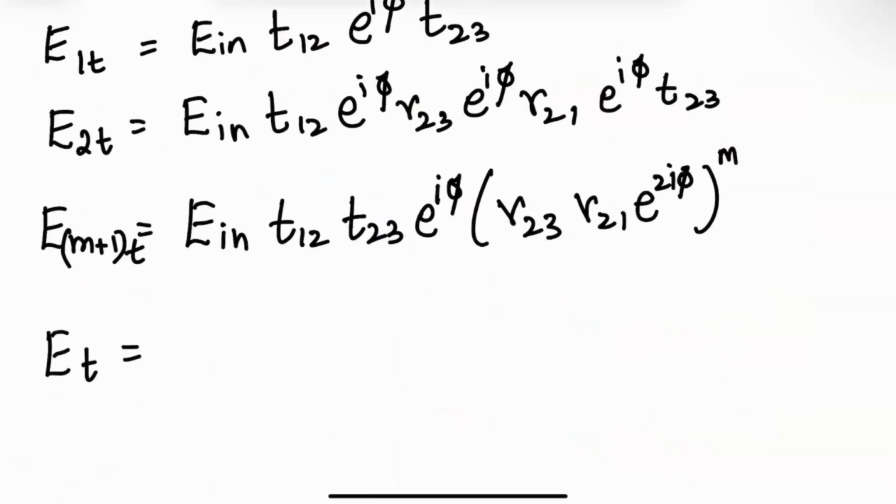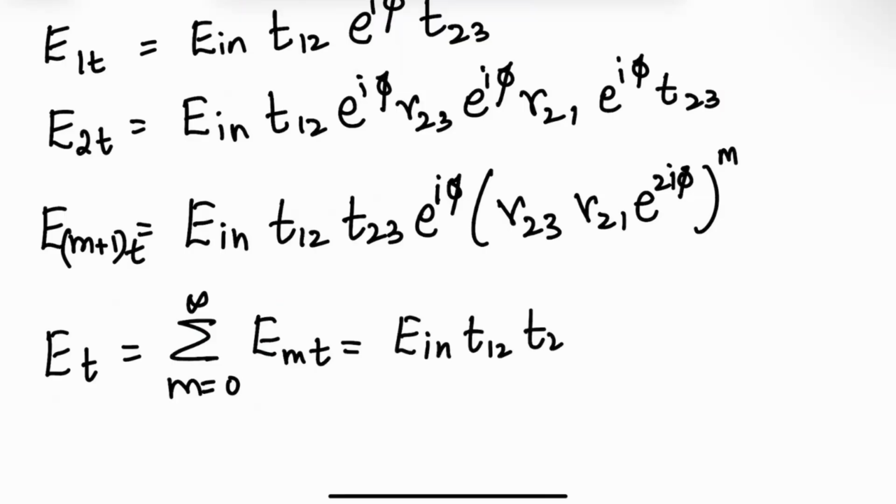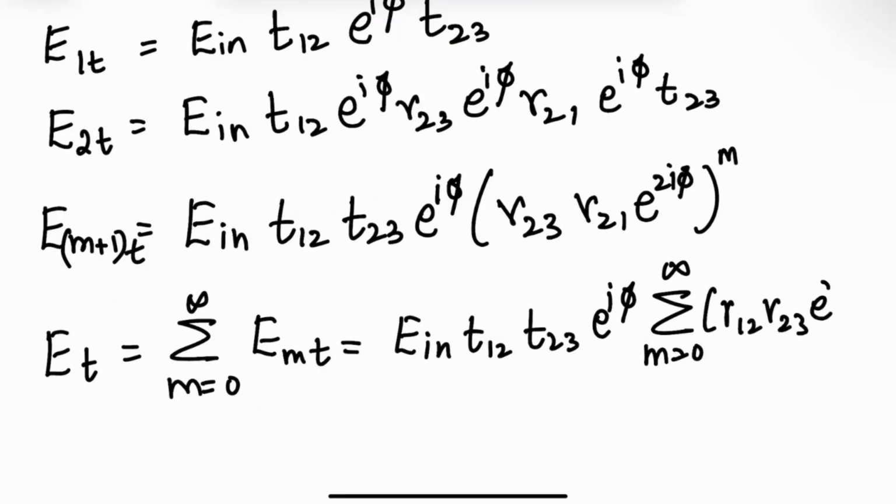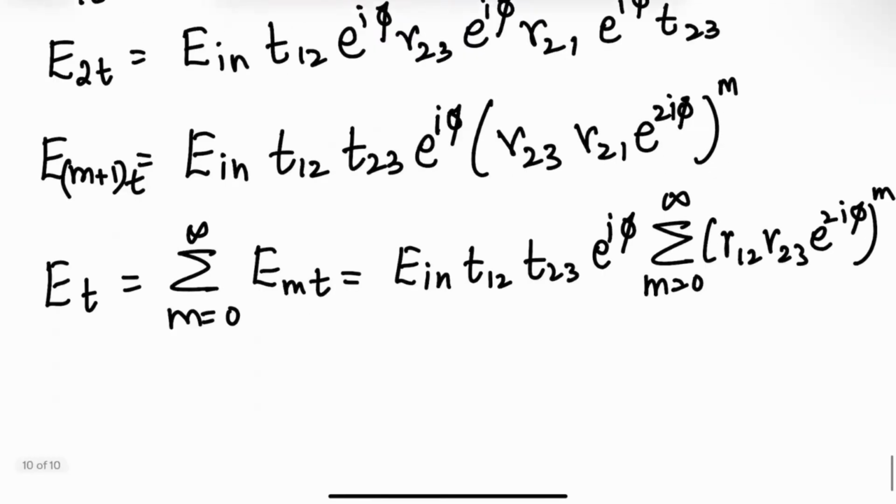E total is the summation over m of E_m^T, where m goes from 0 to infinity. So that is E_in, T12, T23, e^{i phi}, summation m equal to 0 to infinity, of (R21 R23 e^{2i phi}) to the power m. So that's a geometric series. The summation of x^m, when x is less than 1, is 1 over 1 minus x. That's pretty simple.